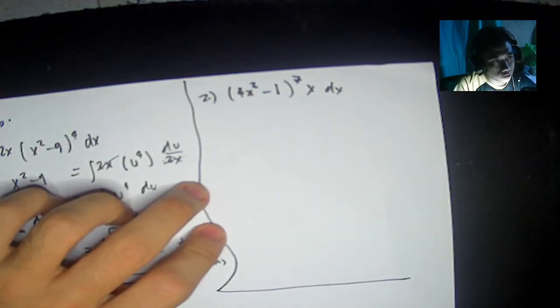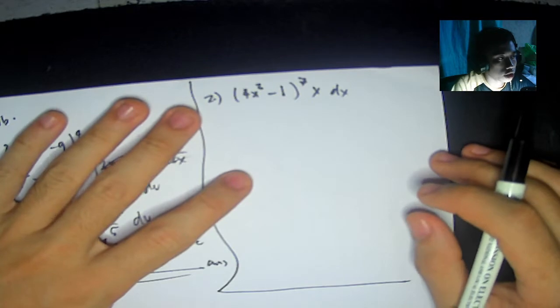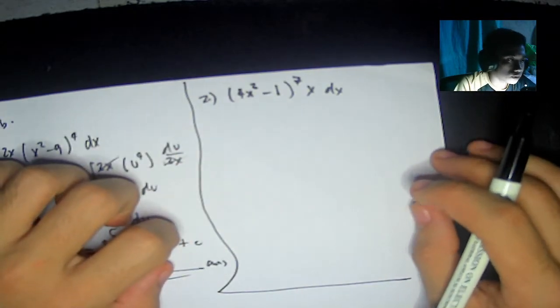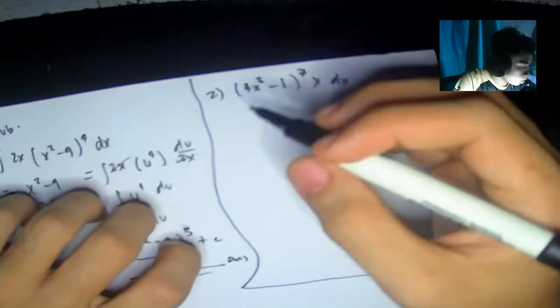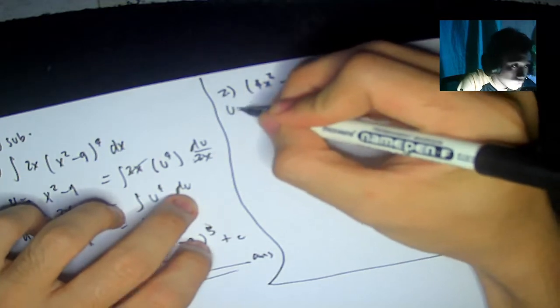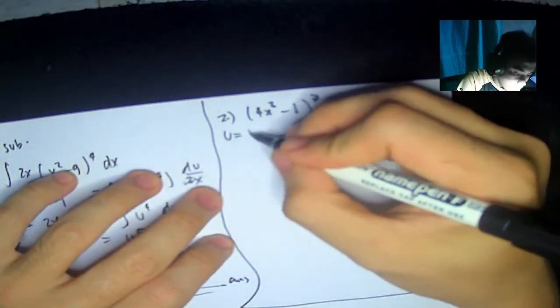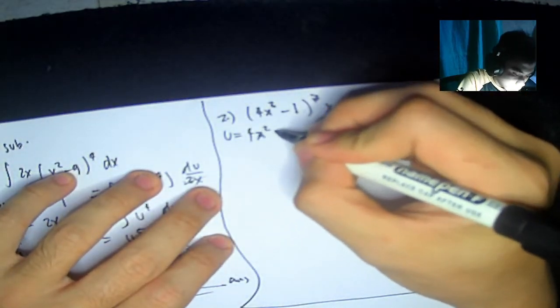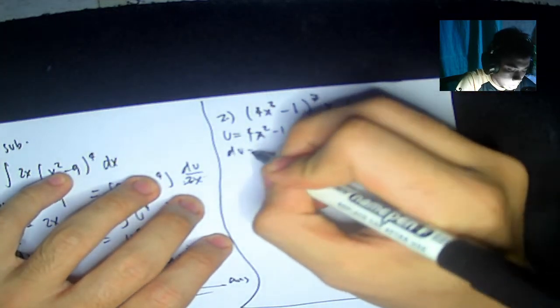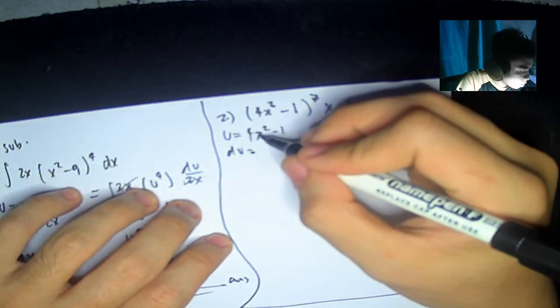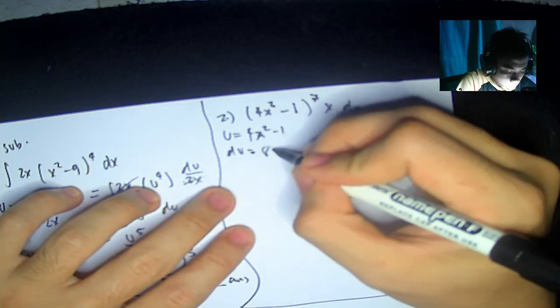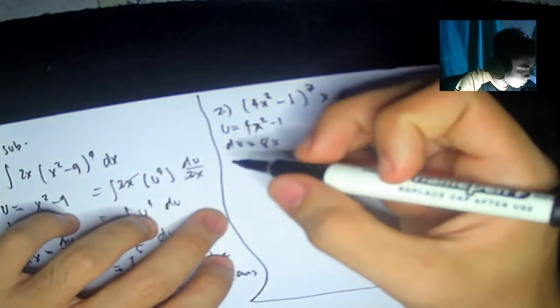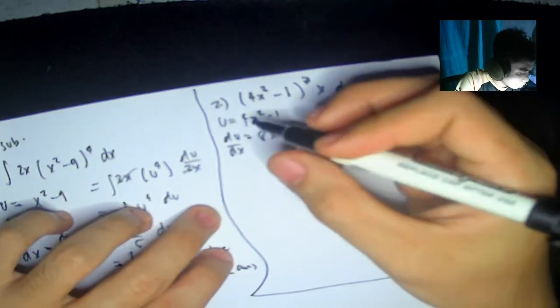We already know that 4x squared minus 1 is much harder to integrate than x. So what we'll have here is u. U is equal to 4x squared minus 1. So du equals 4 times 2, which is 8x dx.